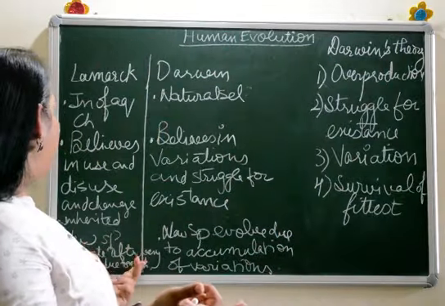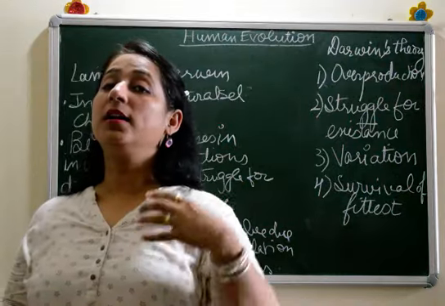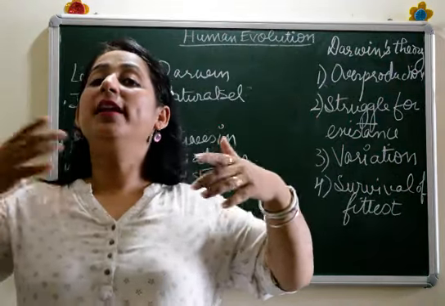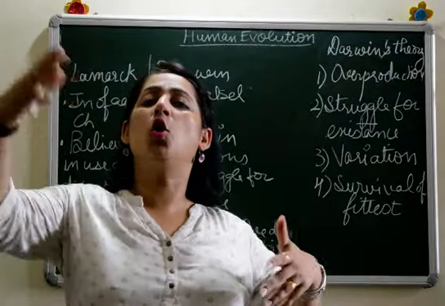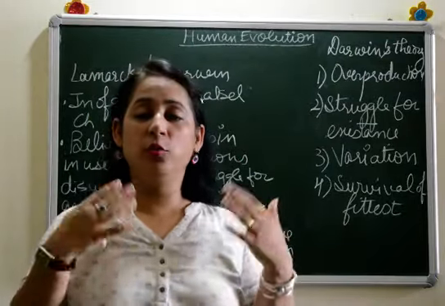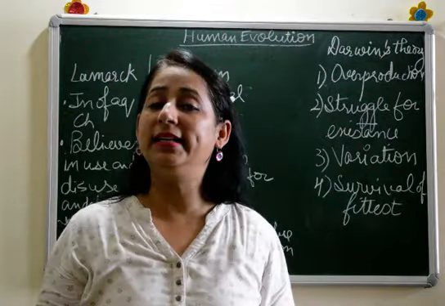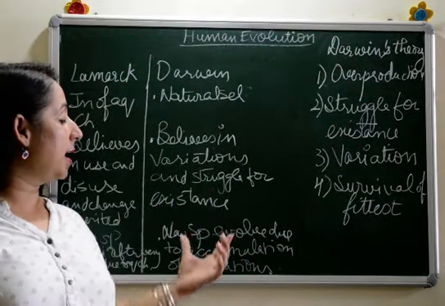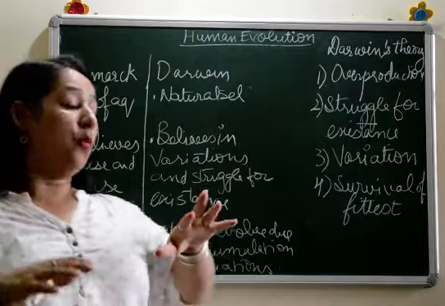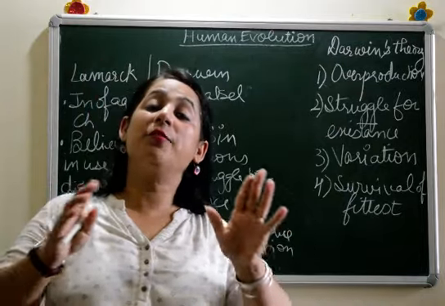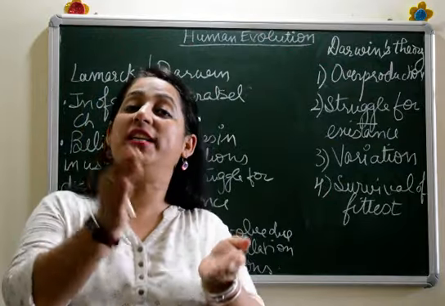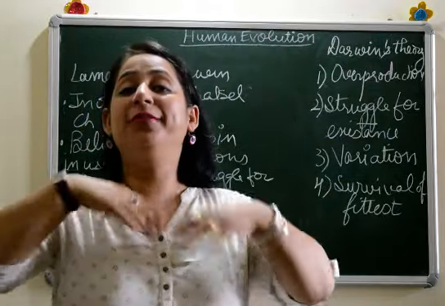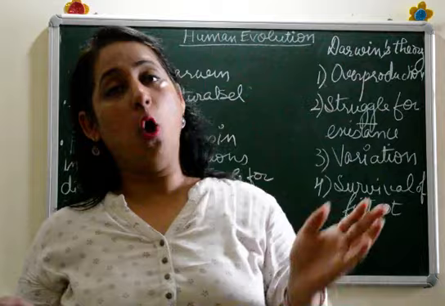According to Lamarck, a new species evolved and certain characters appeared in an organism after a long time, when the acquired character was fully inherited. In the case of Darwin, the new species evolved due to the accumulation of variations generation after generation, finally forming a new organism.